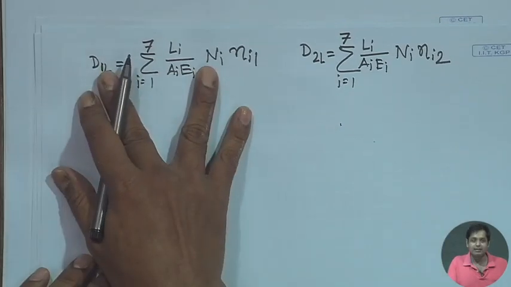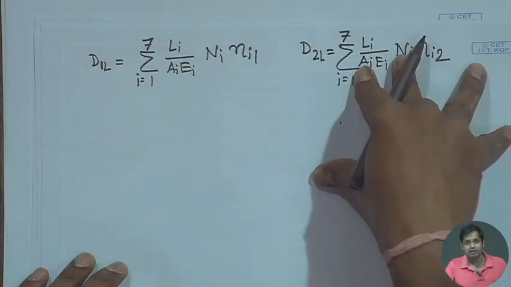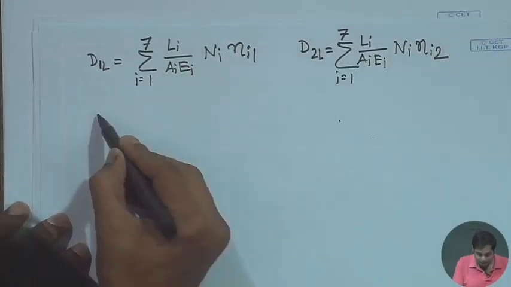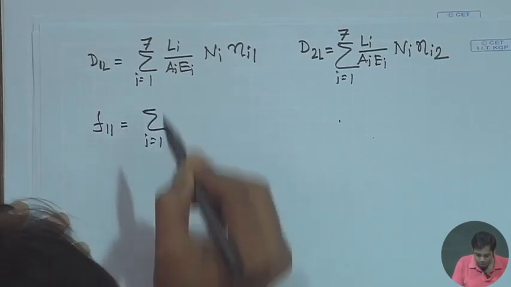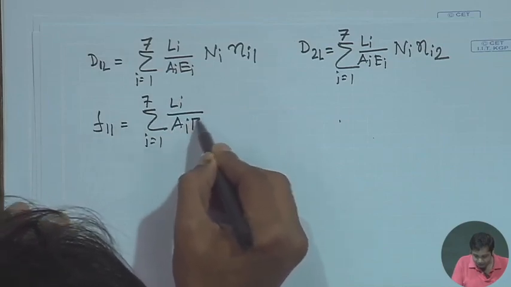So, this is the displacement in the direction of the first redundant, and the displacement in the direction of the second redundant, due to the externally applied load. Now, we need to find the flexibility coefficient F11. F11 will be the summation of i equals 1 to 7 of Li by Ai Ei.